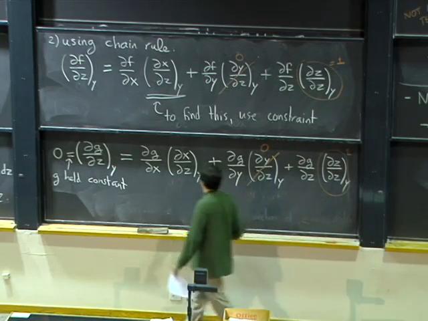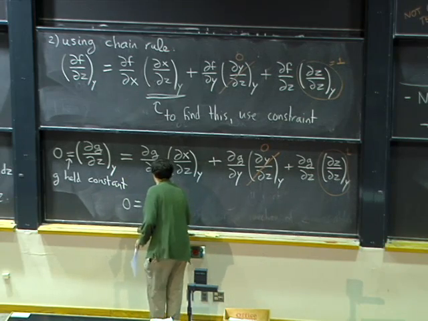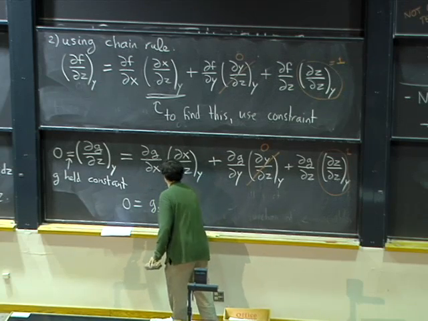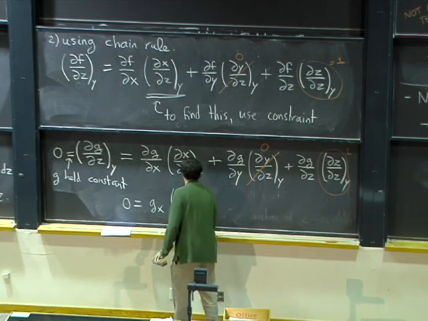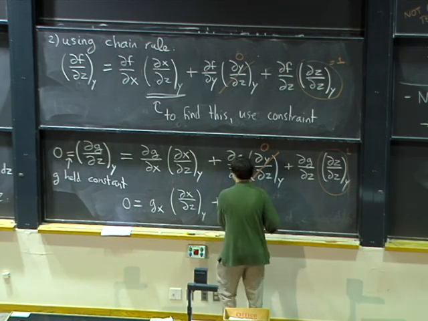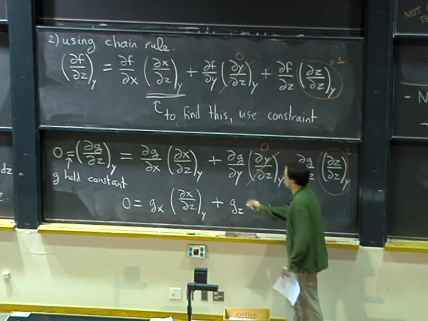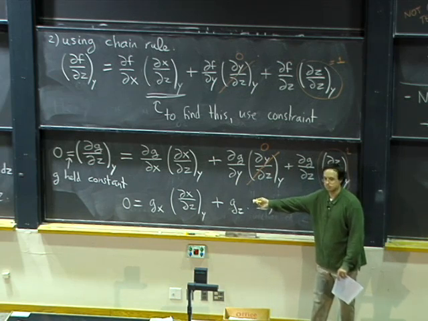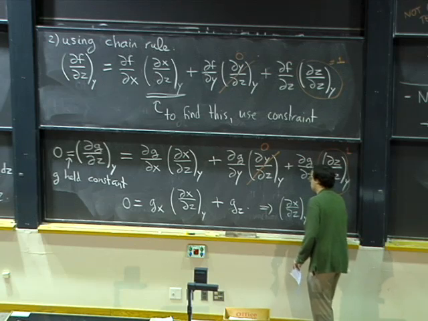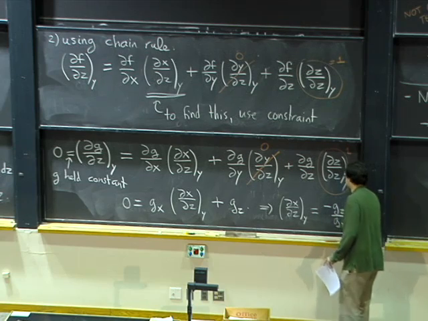Okay? So out of this, you get that. Well, I'm tired of writing partial g, partial x. So let me just write g sub x times partial x, partial z, y constant, plus g sub z. Okay, and now we found how x depends on z. Partial x, partial z with y held constant is negative g sub z over g sub x.